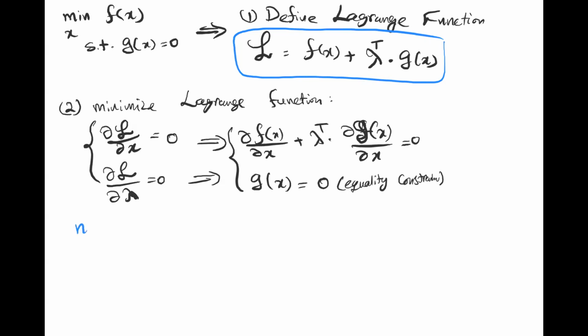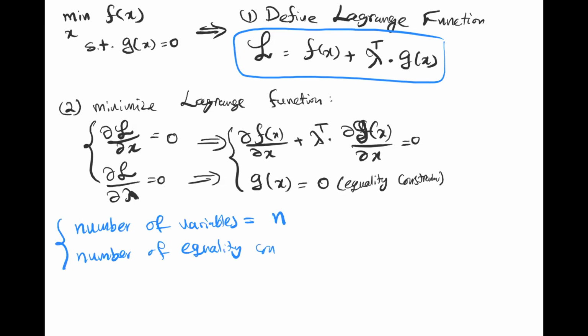Let's say the number of variables is equal to n and the number of equality constraints is equal to m.